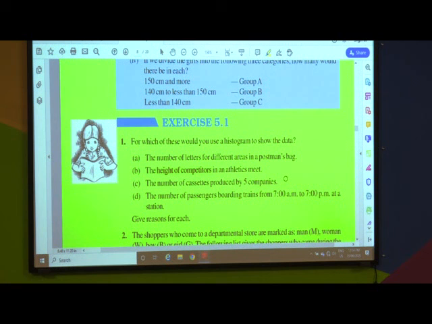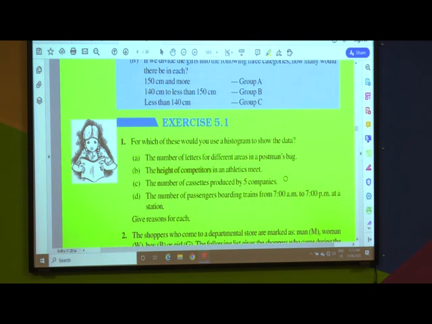So here what happens? I can count it, frequency is present, and class intervals 5 feet to 5.5 feet, 5.5 to 5.10, and similarly 5.10 to 5.15. These are the class intervals of height that I have made.